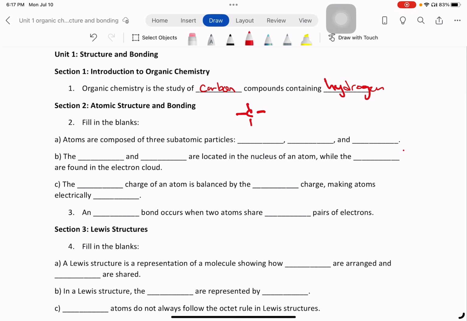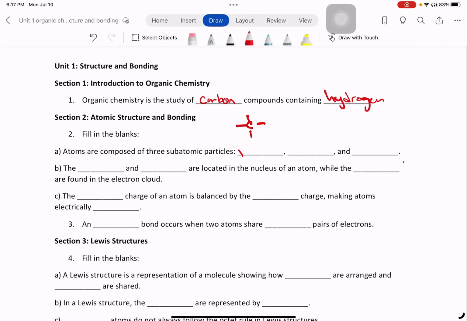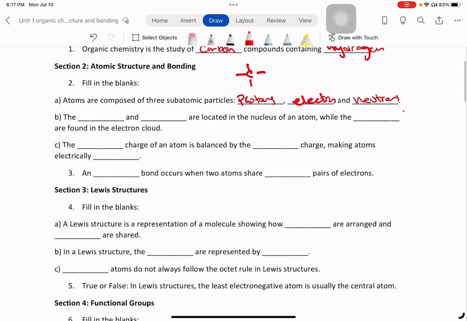Now, we're going to talk about atomic structures and bonding. So atoms are composed of 3 subatomic particles. This is just review from general chemistry. So we know it's composed of protons, electrons, and neutrons. This is just the basics we know.